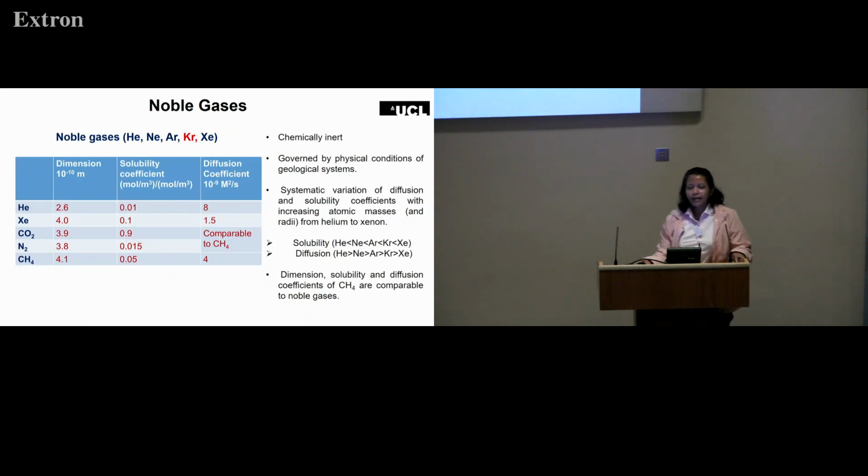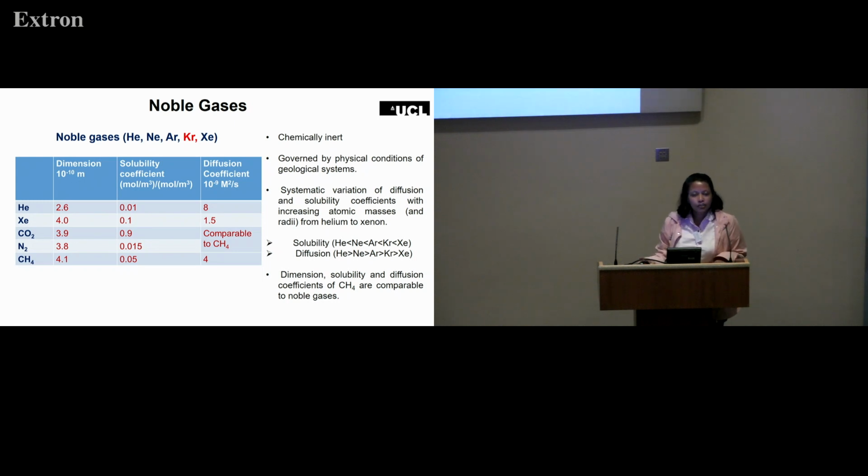So why noble gases? Noble gases are very interesting and very important because they are chemically inert, which means that we are going to get a lot of information related to physical processes like diffusion, adsorption, solubility-related processes, using them. The other advantage is that methane, if you look at this table that I put in there, in terms of dimensions, solubility coefficient, diffusion coefficient, is very comparable to the noble gases.